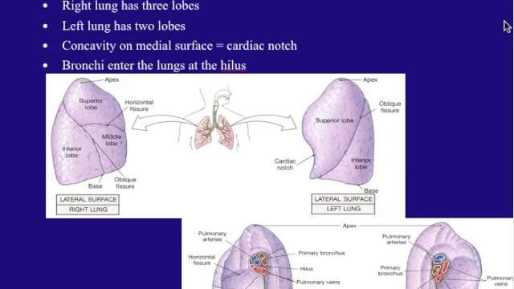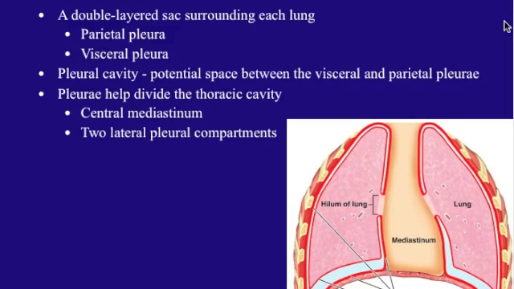And the bronchi enter the lungs at the hilus. Now the pleurae. It's a double-layered sac surrounding each lung, so it acts as protection. The pleural cavity is a potential space between the visceral and the parietal pleurae.